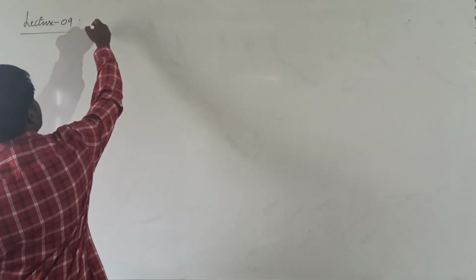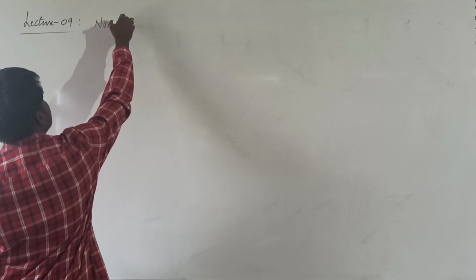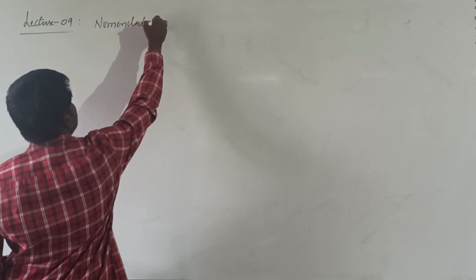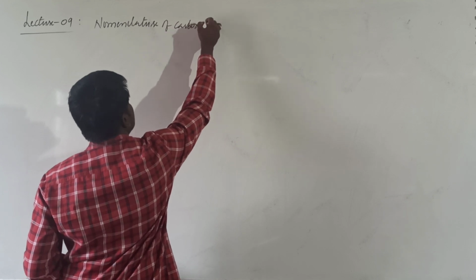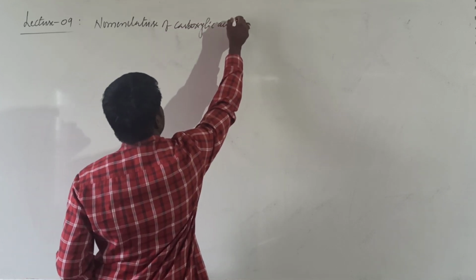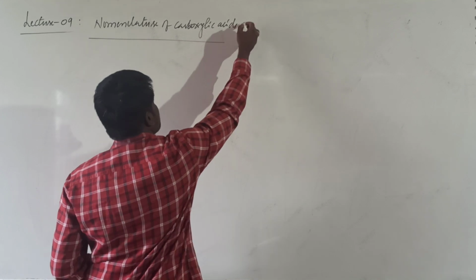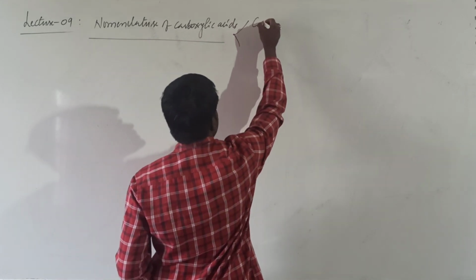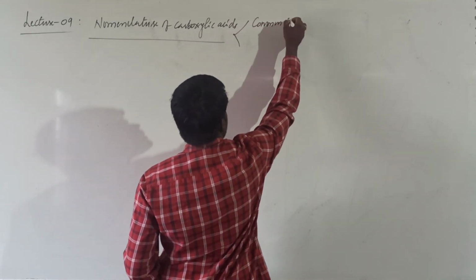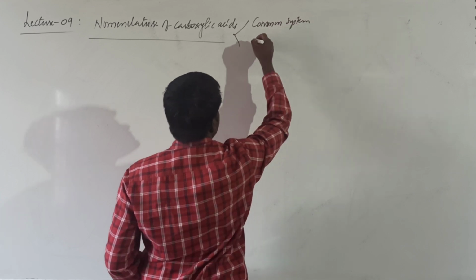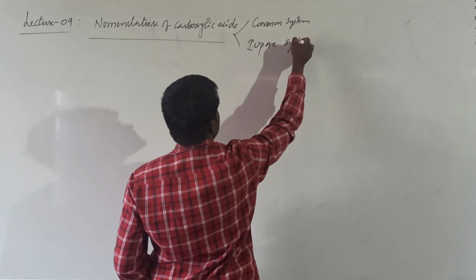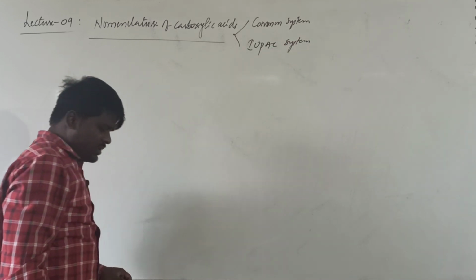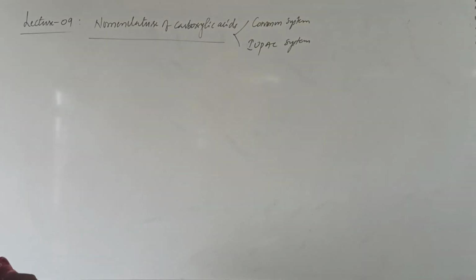Now we'll see the nomenclature of carboxylic acids. As we know, there can be two systems: the common system and the IUPAC system. First we discuss the common system. The common names of carboxylic acids are very important.